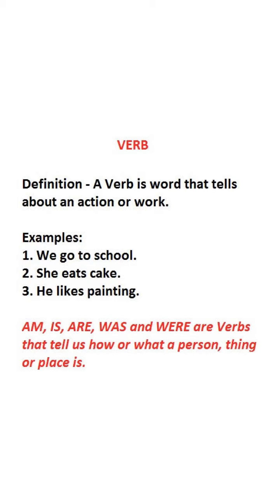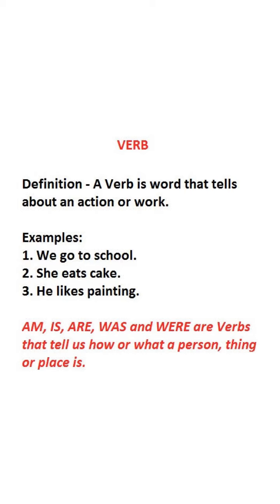Now in your book, if you see the definition of verbs, it's written: words that are used to express action, event. Now till here you have understood about action and event. After that, it's written state of being are called verbs. Now, what is the meaning of state of being?